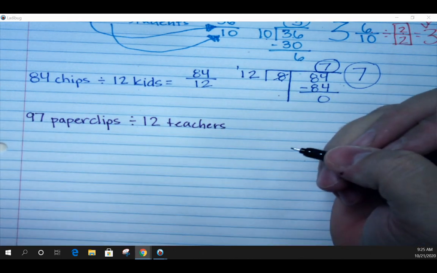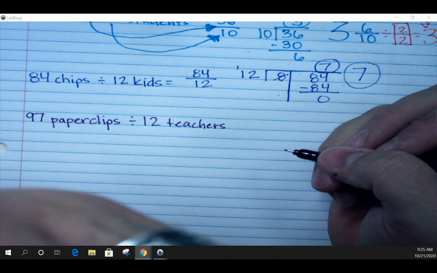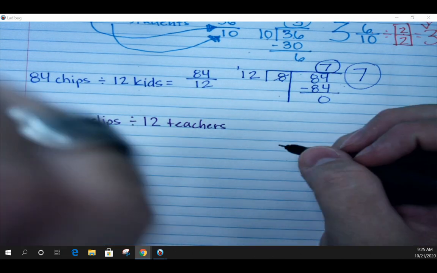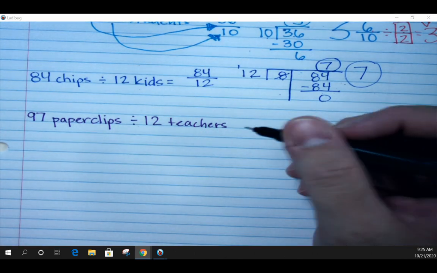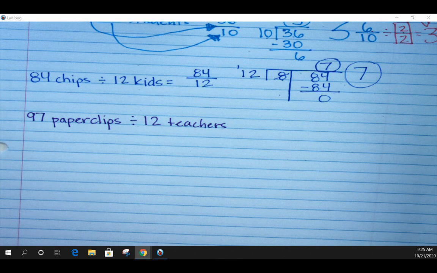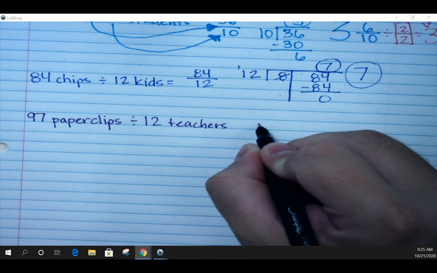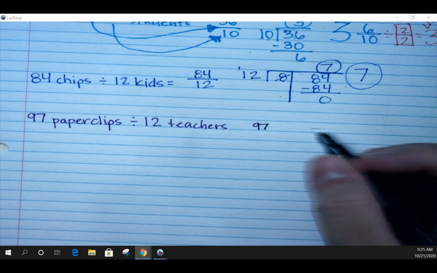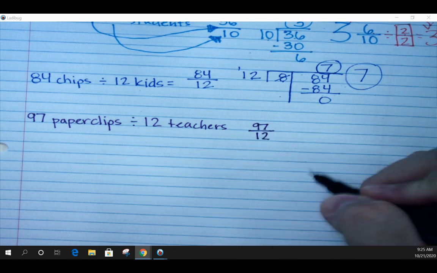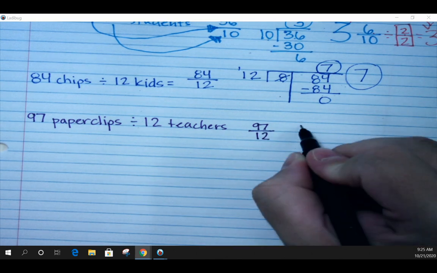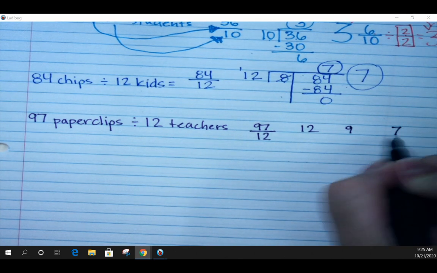That's not a lot of paper clips when you got a bunch of things to paper clip. 97 paper clips divided by 12 teachers. What's my numerator? 97. Just read it from top to bottom. 97 divided by 12. 12 goes into 97.